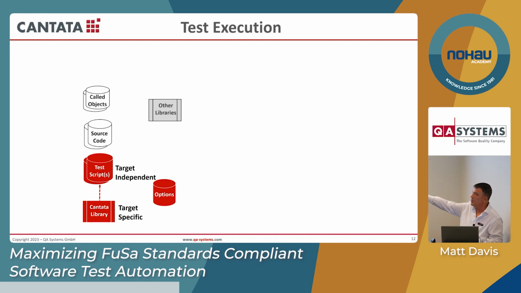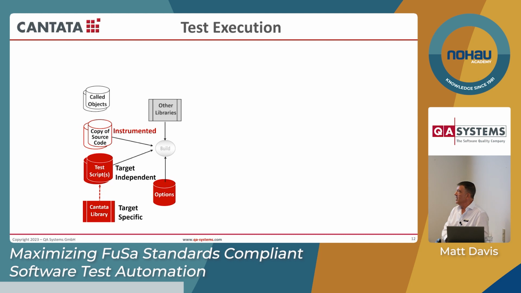In the red, you have the Cantata test script, which is target independent, which means you can run the same test on multiple platforms. And a library, which is target specific, which is basically called by and used by the test script for standardized functions like check this type, start a test, end a test, report the values. And that is built for each individual architecture.